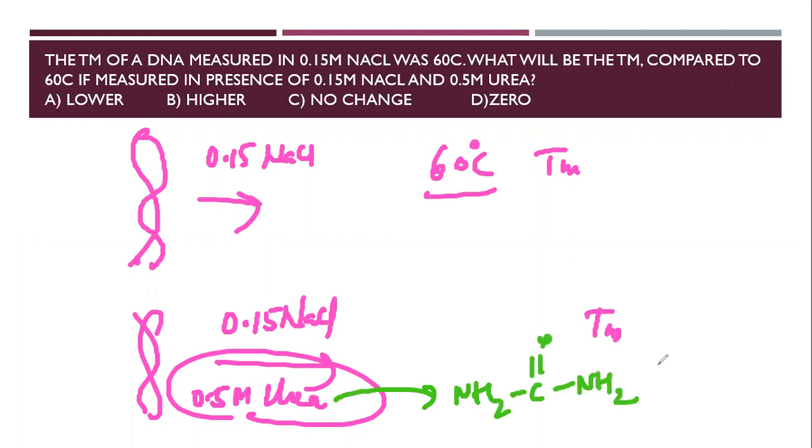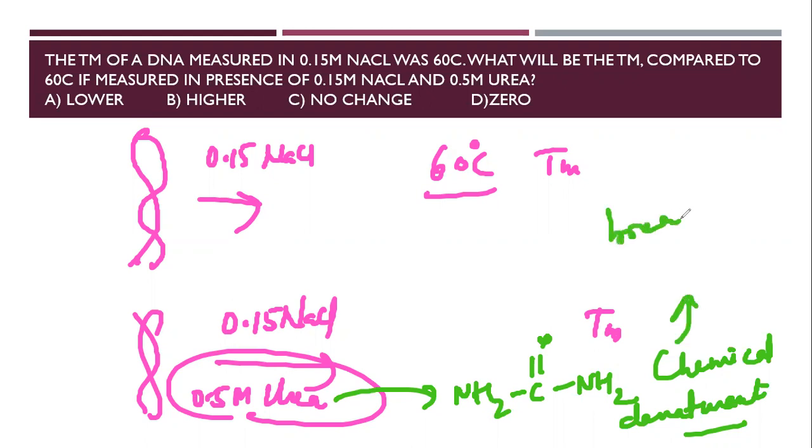So urea acts as a chemical denaturant, a denaturing agent. What kind of denaturing will it be doing in the DNA molecule? It forms single stranded DNA. In other words, it breaks your hydrogen bonds. Now, what happens when we increase the temperature?